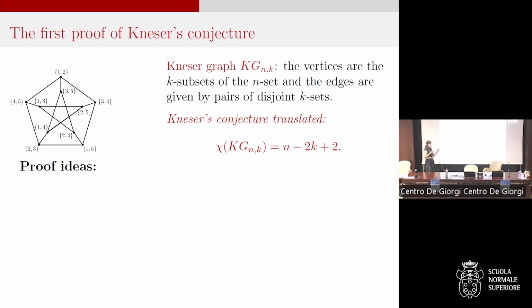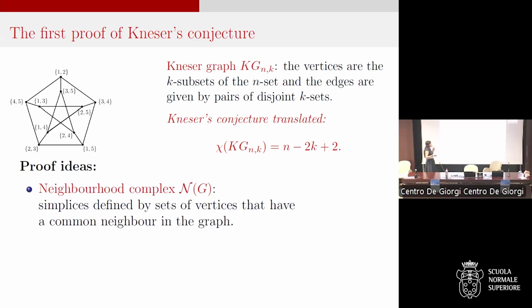Okay, so let's just illustrate these beautiful proof ideas. The first thing Laszlo Lovász did, and it was really new, he constructed a graph complex, the neighborhood complex N(G). So how do we construct it? The vertex set of N(G) for any graph G is just the vertex set of G. Okay, we keep the same vertices. And how do we put faces?